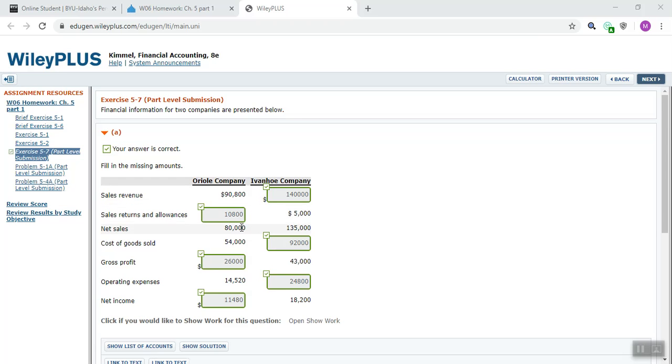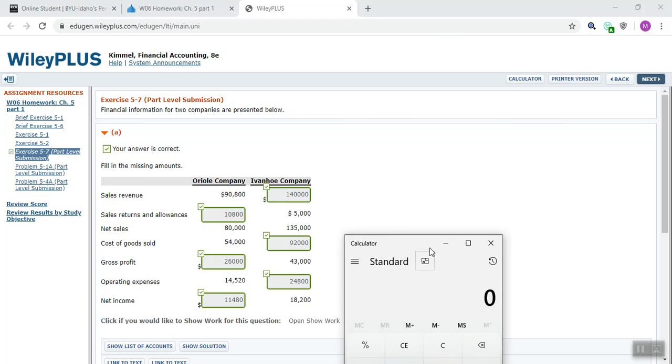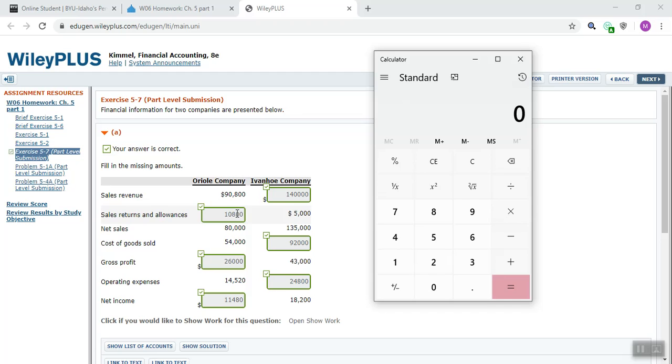What I did to find this is calculate 90,800 minus 80,000, the difference between the sales revenue and the net sales, and that gave me 10,800. Keep in mind that net sales is sales revenue minus sales returns and allowances.